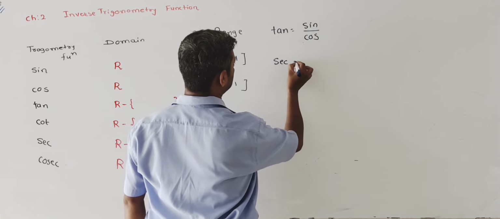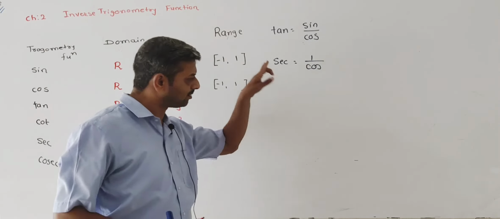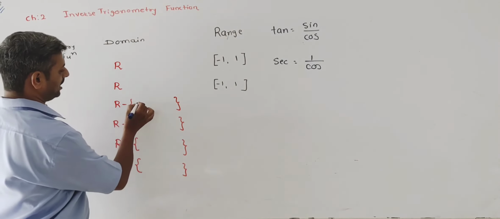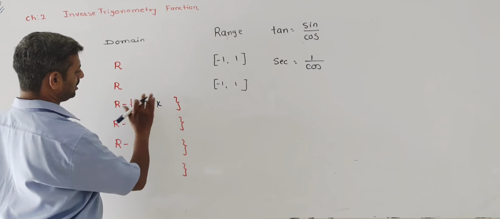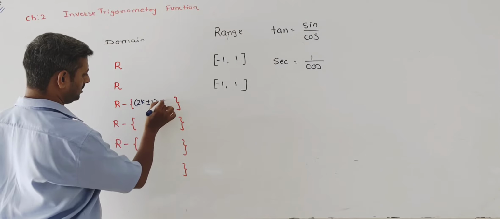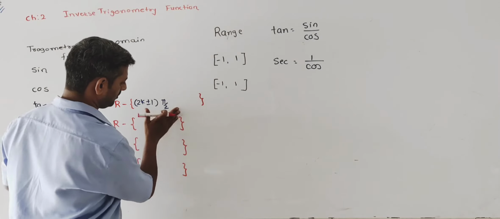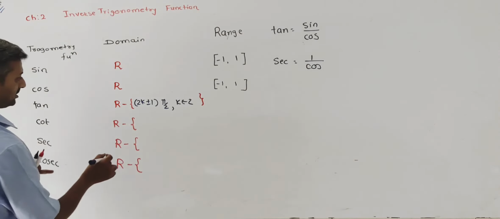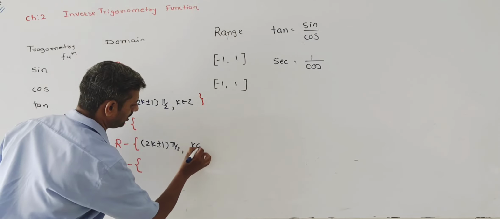Same way for sec also, because that is 1 upon cos. Where cos is becoming 0, sec is also not defined. So those angles we have to remove, that is R minus (2k plus or minus 1) pi by 2, k belongs to z. Same way for sec also.